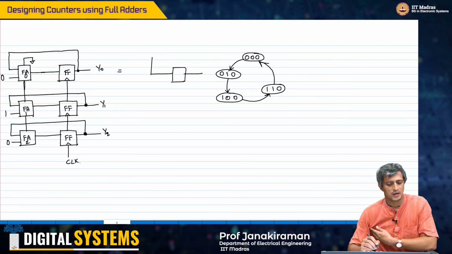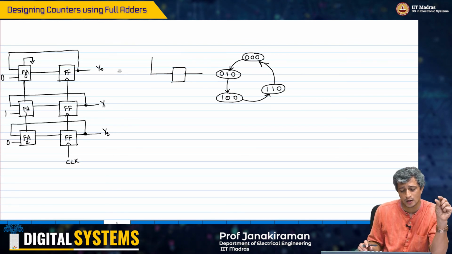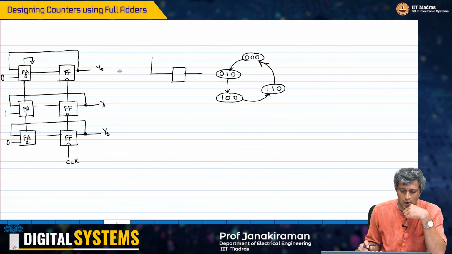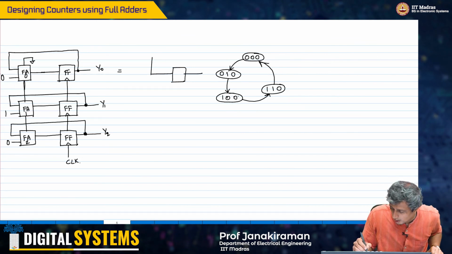So let's see. A is 0, B and C in is also 0. So you get Y0 XOR 0, which is Y0. So you'll just get Y0 back, and therefore this is actually quite obvious.